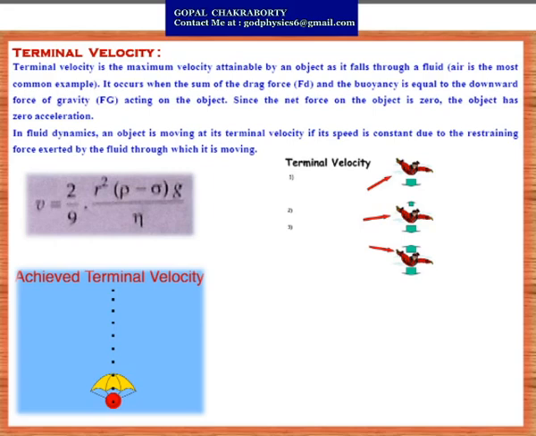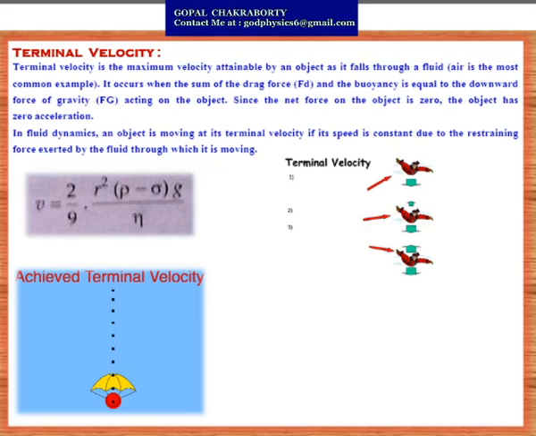Since the net force on the object is 0, the object has 0 acceleration also. In fluid dynamics, an object moving at its terminal velocity has a constant speed due to the restraining force exerted by the fluid through which it is moving.